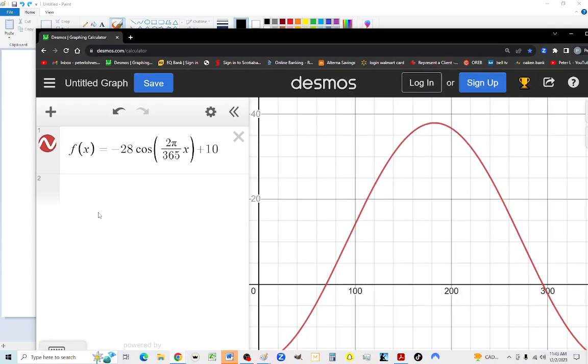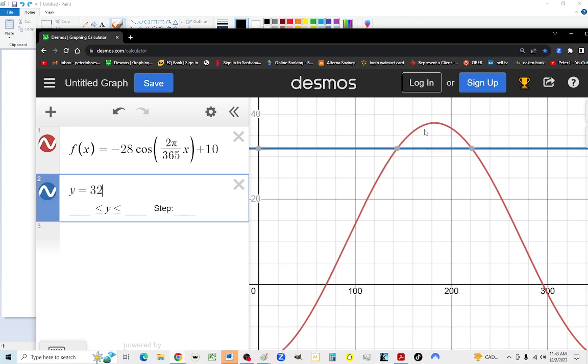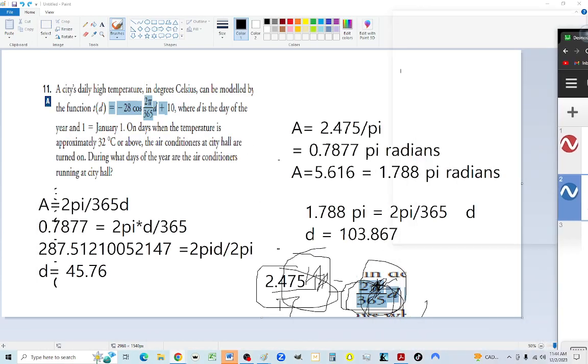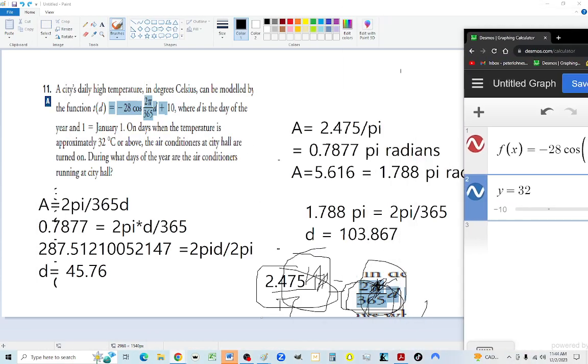And we're also looking for when it's 32. And we discover day 143 and 221. So I might have got it wrong. Yeah, I did indeed get it wrong.